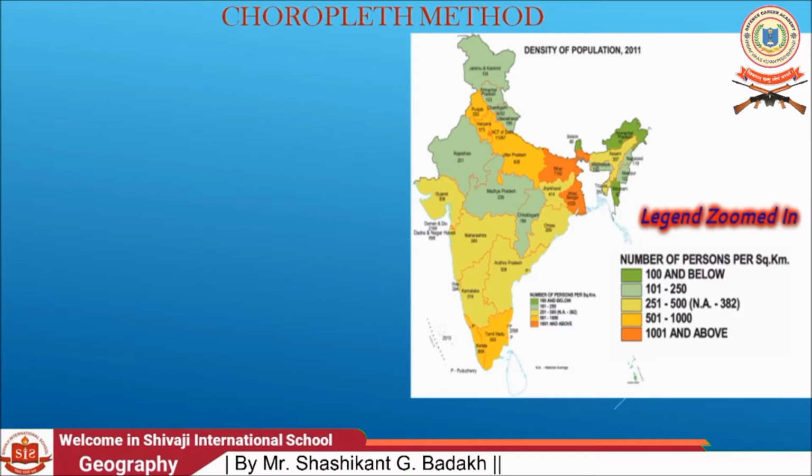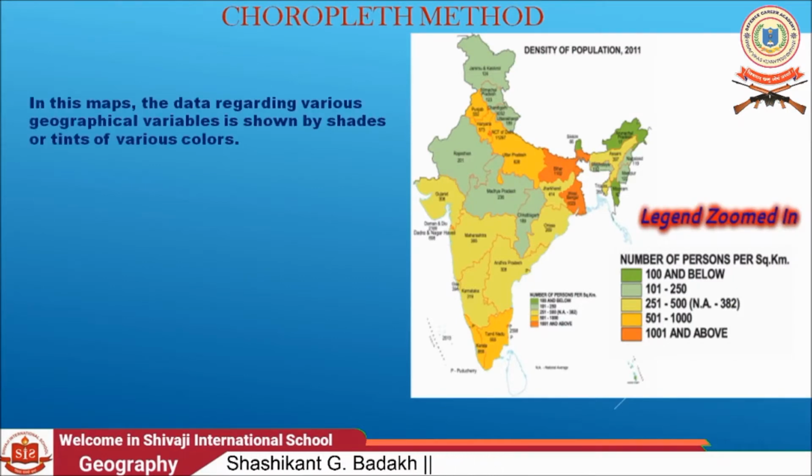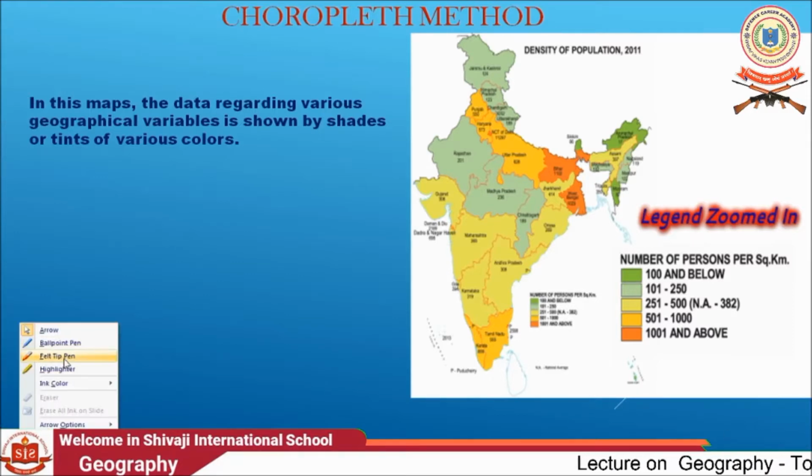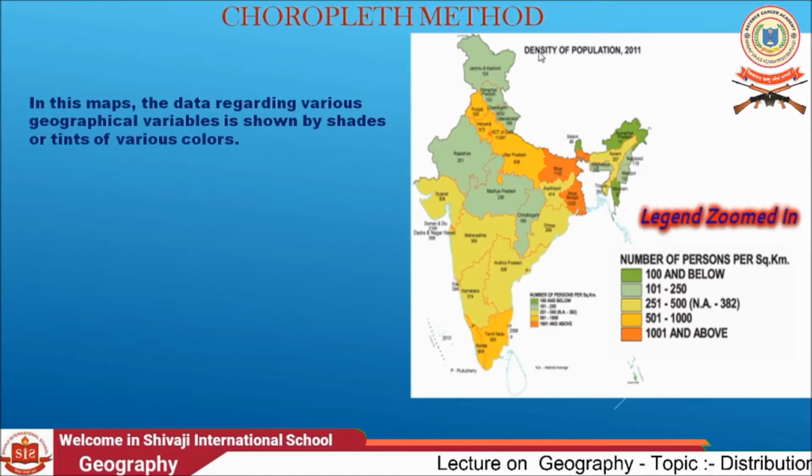See students, the choropleth method. In this map the data regarding various geographical variables is shown by shades or tints of various colors. Here you can see the density of population 2011 shown by the various colors.